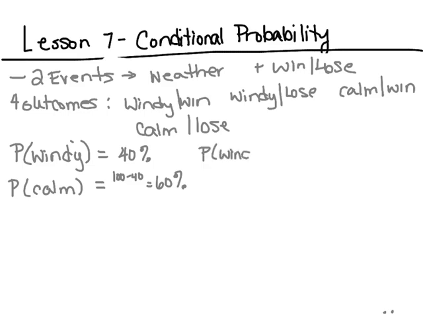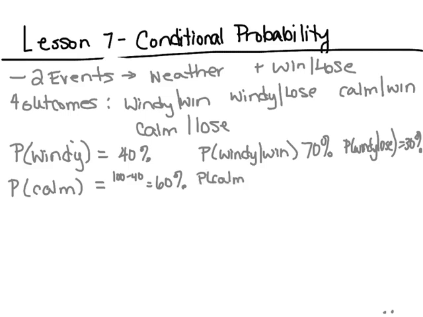If it's windy and they win, the probability is 70%, which means that if they lose and it's windy, it's 30%, 100 minus 70. The probability that it's calm and they'll win is 60%. And the probability that it's calm and they'll lose is 100 minus 60, which is 40%.